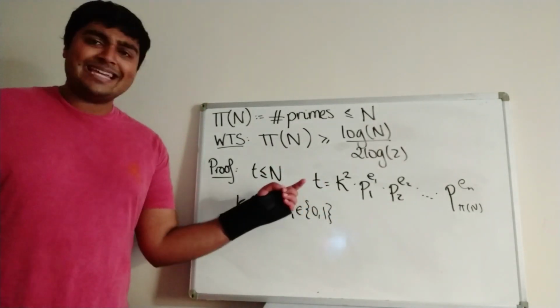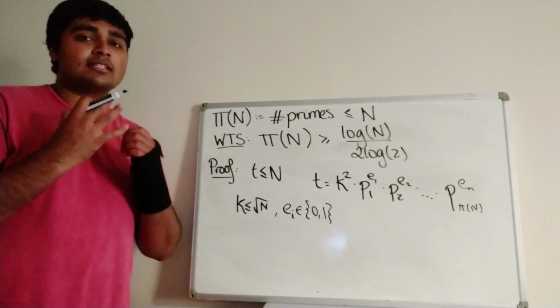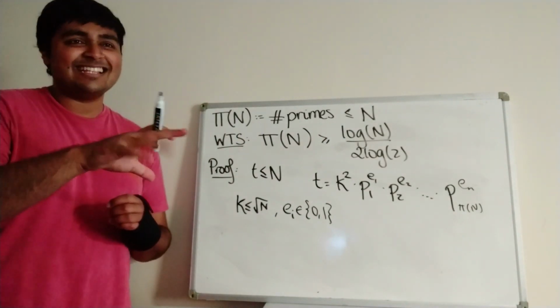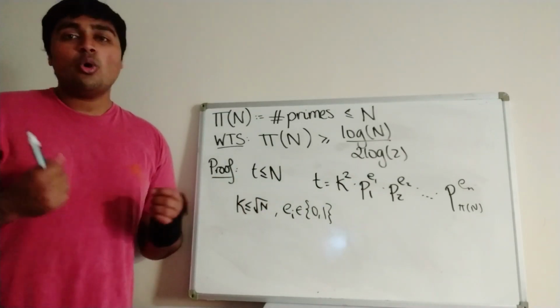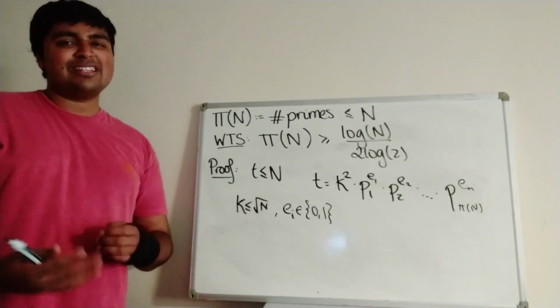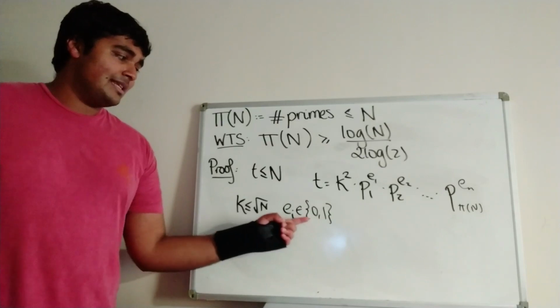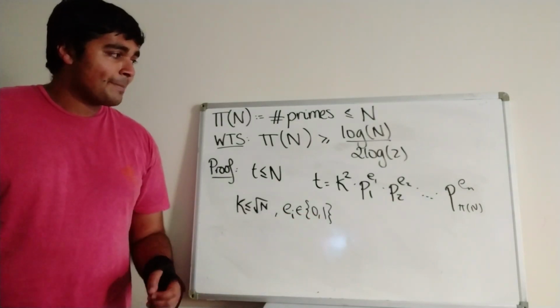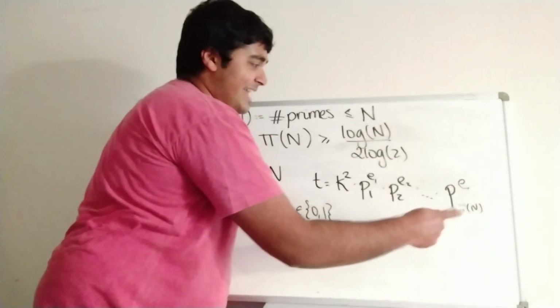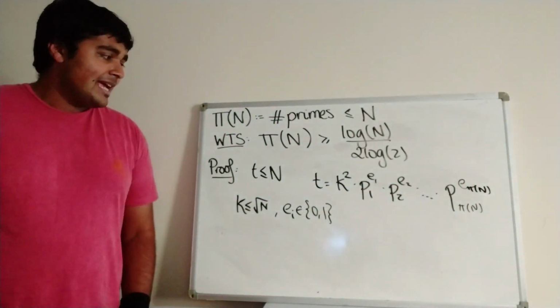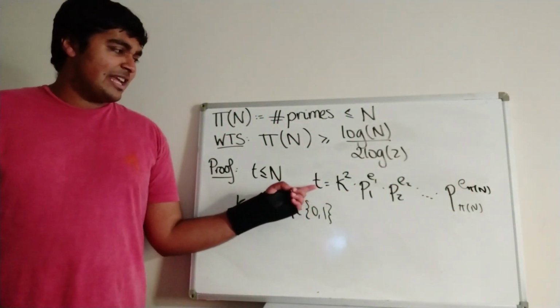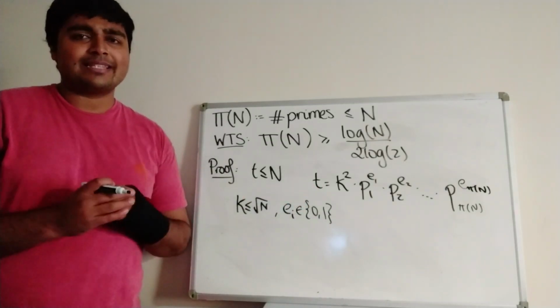Okay, so essentially we're taking t, taking out the biggest square number we can, and then anything that's left will either be 1, corresponding to prime to the power of 0, or it's going to be a particular prime number raised to the power of 1. Hence, we've got these ei's being either 0 or 1. Oh, sorry, this shouldn't say n, it should say pi of n, like so. Okay, so this is essentially a way we can write any number less than or equal to n.